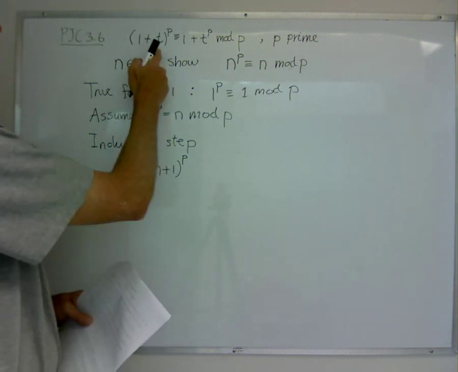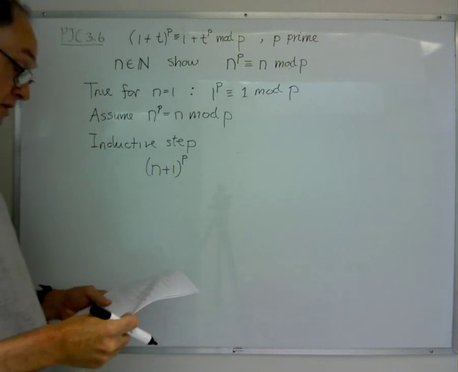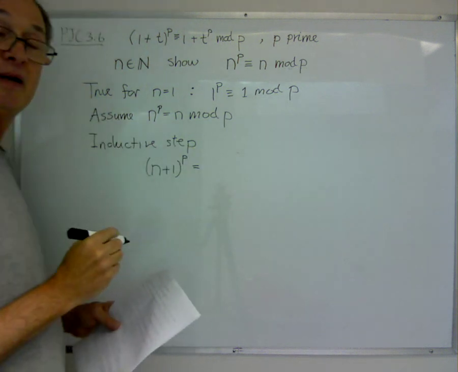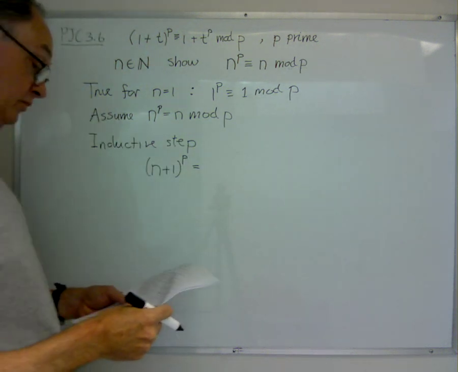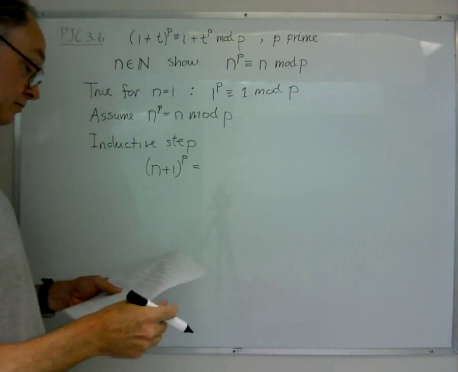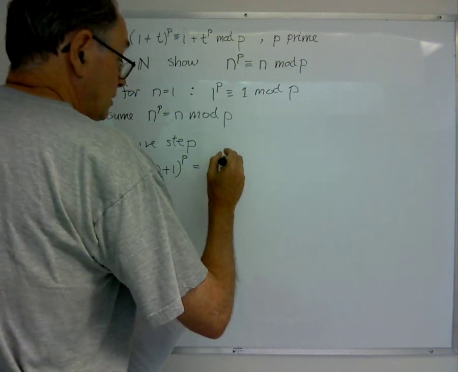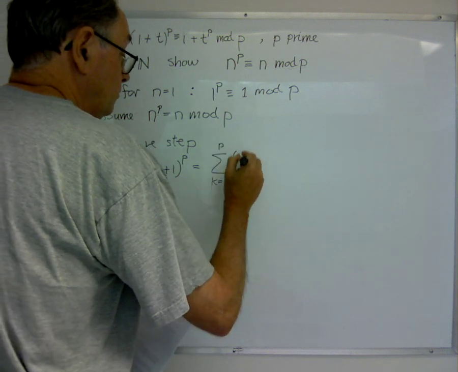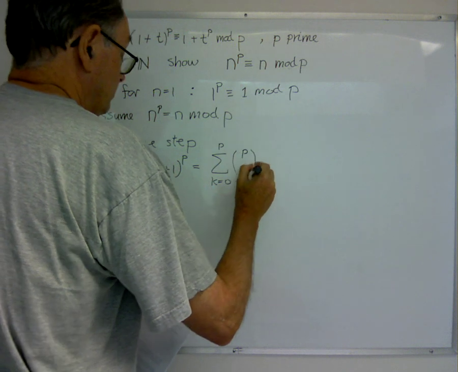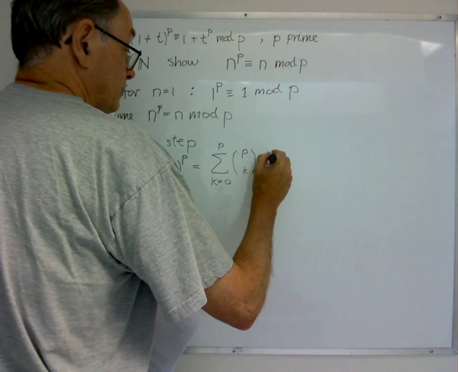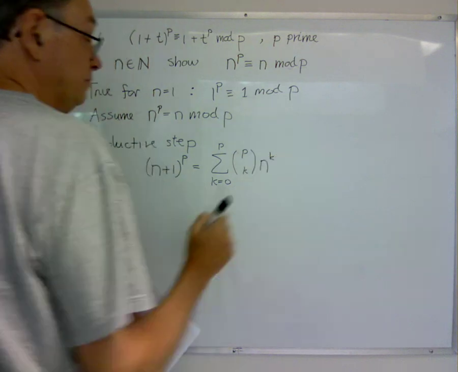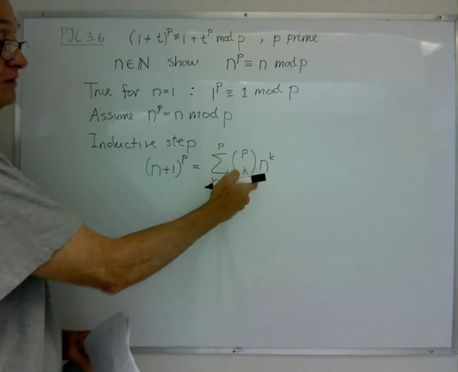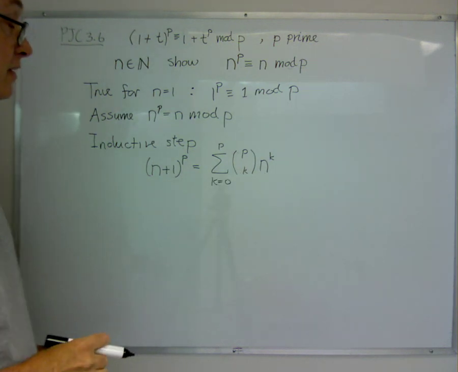So let me write this out using the binomial theorem. This is obviously true because it's 1 plus n, so there is the n.